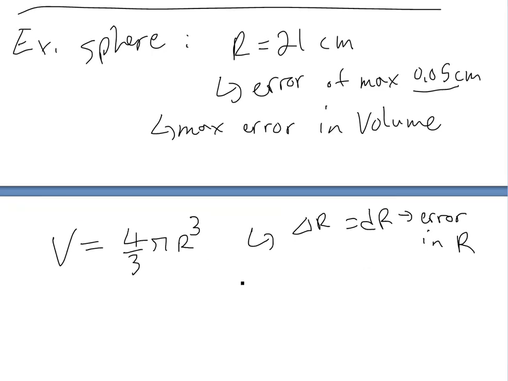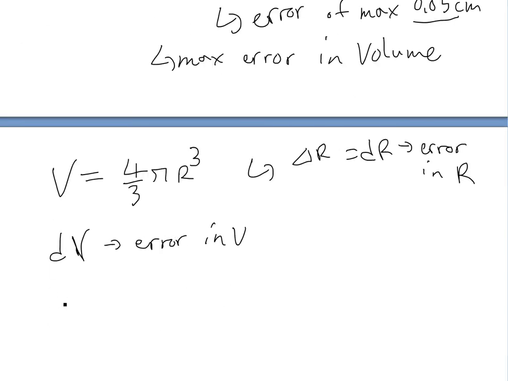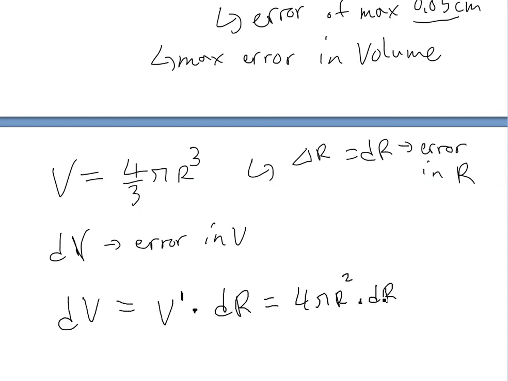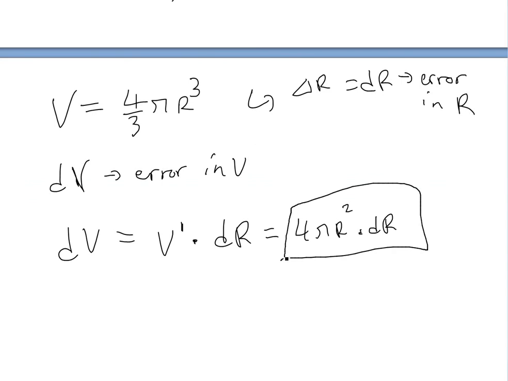So then all we've got to do is use the differential linear approximation method to get the error in volume, dv. dv is just equal to v prime times dr. If you take the derivative here, the 3's cancel out. We're left with 4 pi r squared times dr, our error. So now this is what we can use to calculate our error.